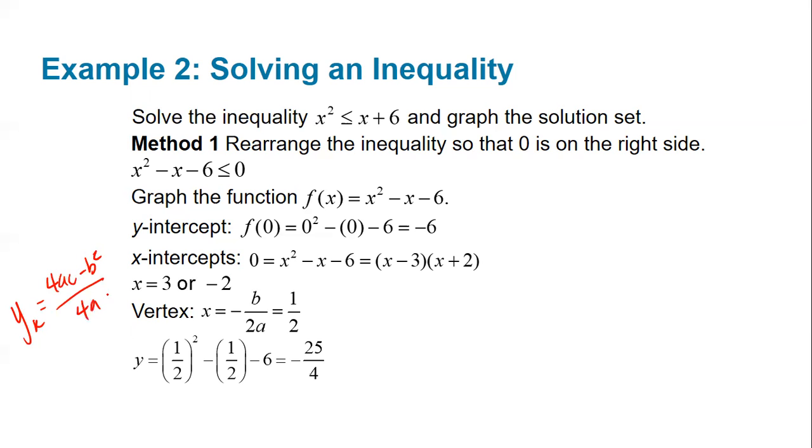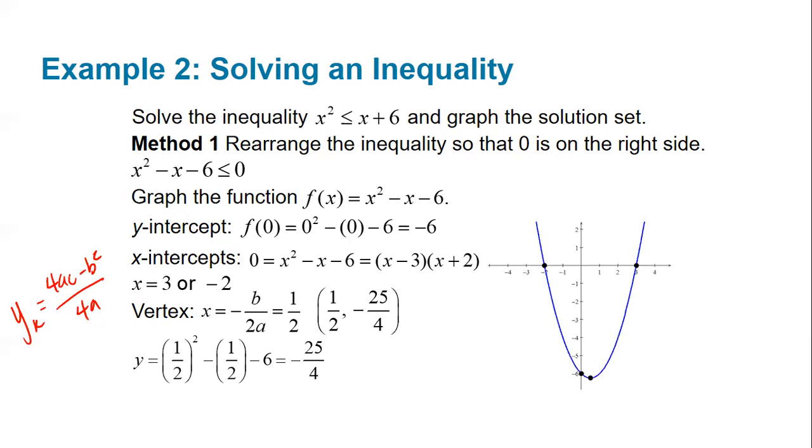Or I could just take the value and plug it in. I would go through and simplify that, and it comes out to be -25/4. Okay, so therefore my vertex is at 1/2, comma, -25/4. So -6 1/4, right?